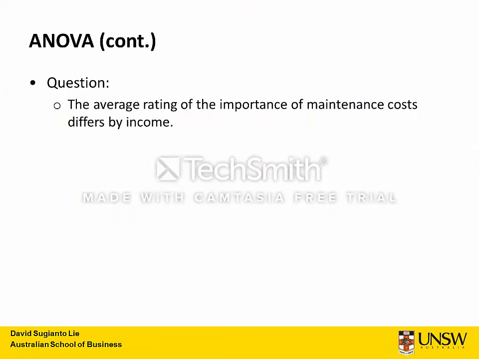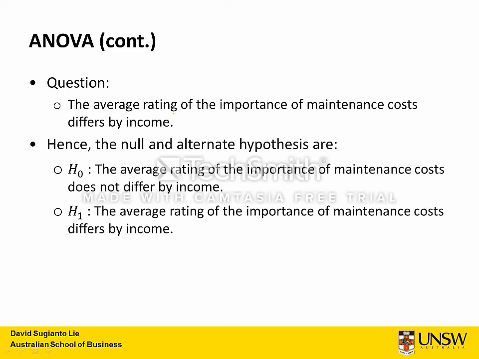First of all, we want to understand whether the average rating of importance of maintenance cost differs by income. As we know, I think income in our data set has 4 different classifications.